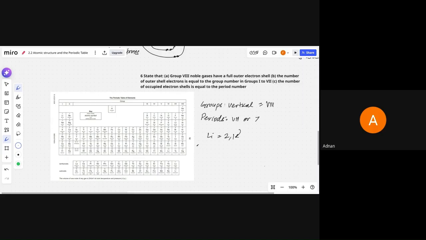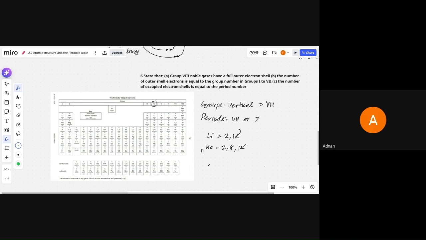Sodium has 11 electrons: 2 in the first shell, 8 in the second, and the 11th electron in the third shell. So again, 1 electron in the outer shell. Similarly, carbon is found in group 4.